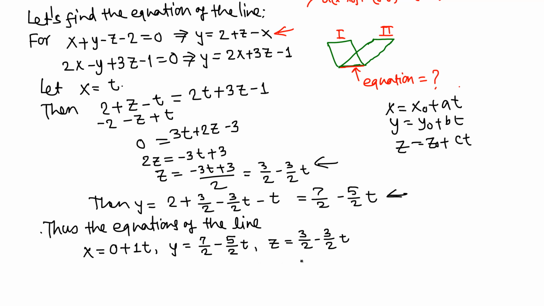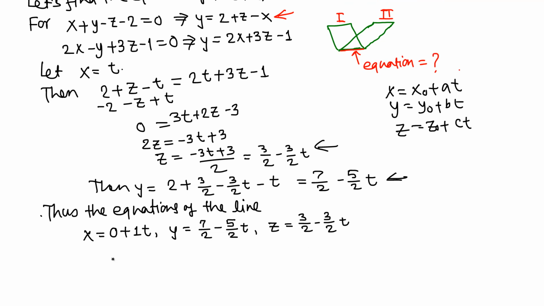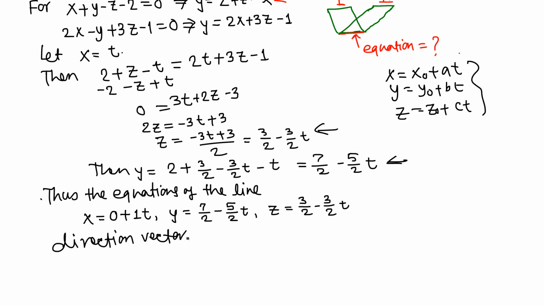From this set of equations we have the direction vector, right? Because look at this system, a, b, c is the direction vector. So direction vector v is just 1, negative 5/2, negative 3/2.